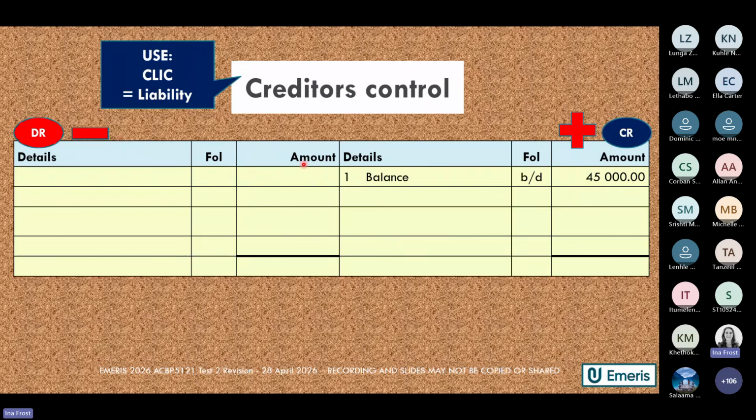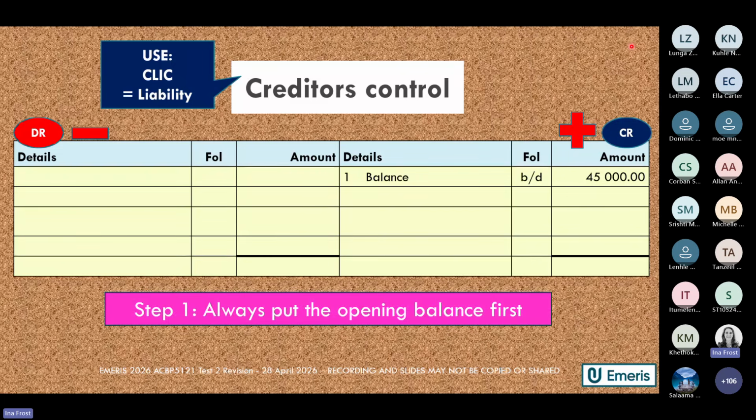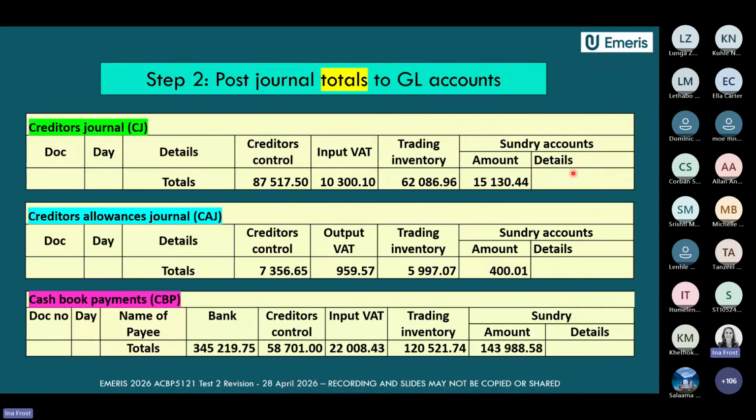Once again, I'm going to use my steps for the preparation of a general ledger account. So first thing in goes the opening balance. And because we're dealing with a creditor, the opening balance must be on the credit side. Then step two says post your journal totals to the general ledger.